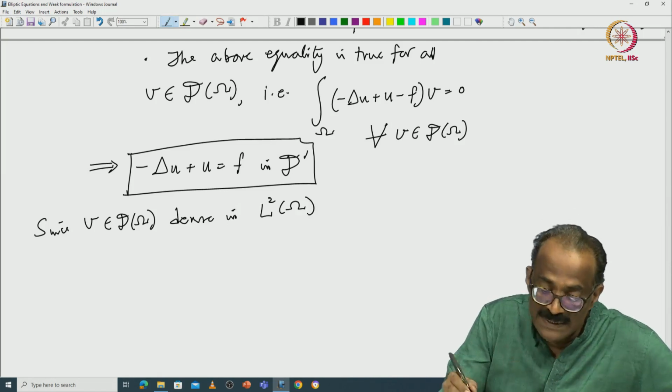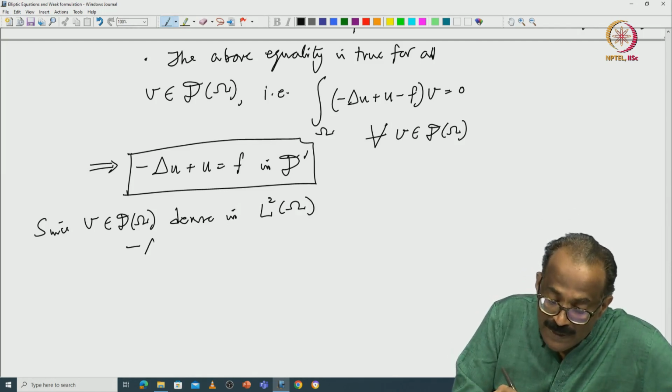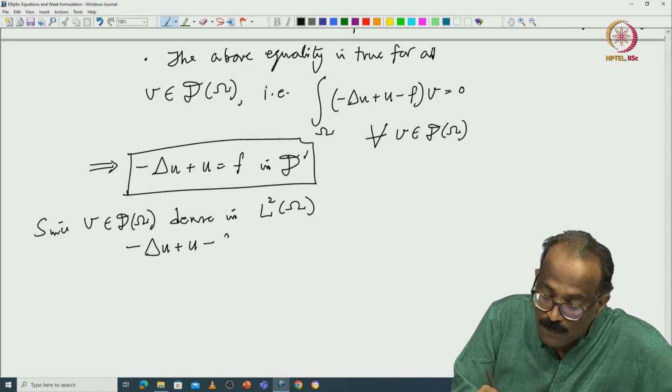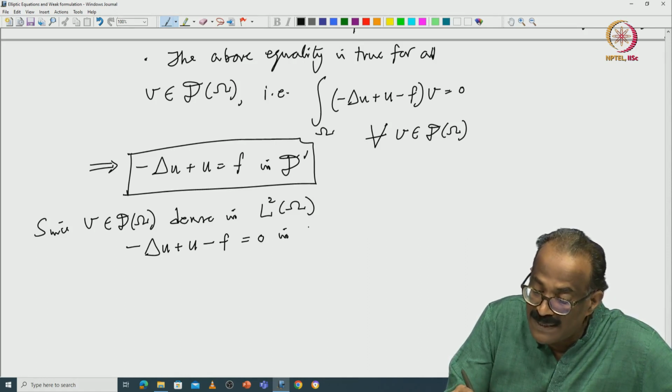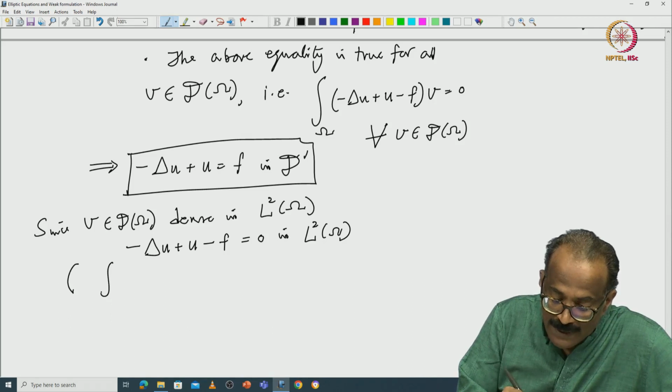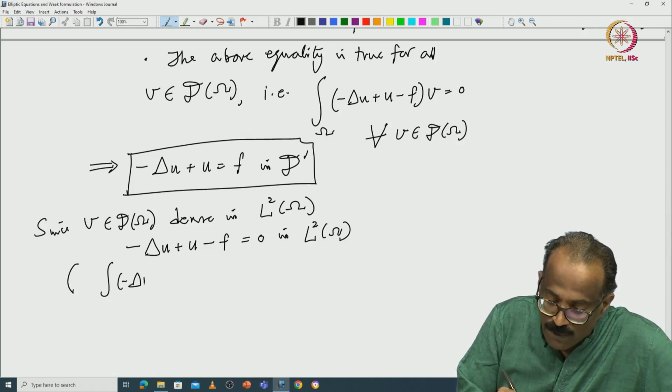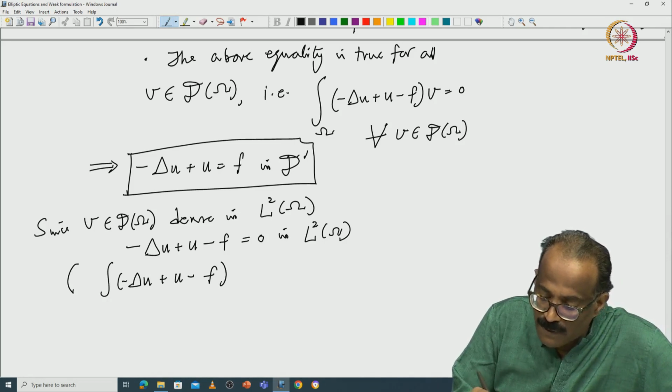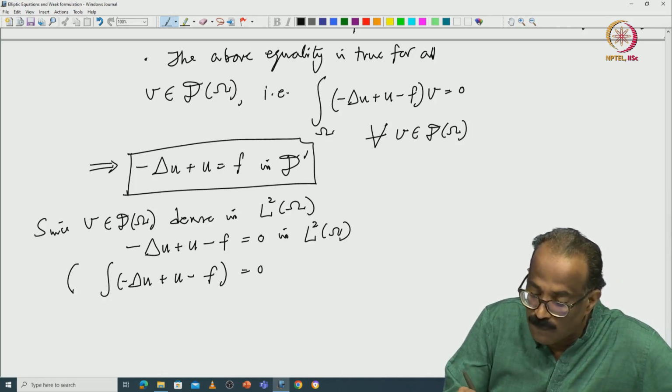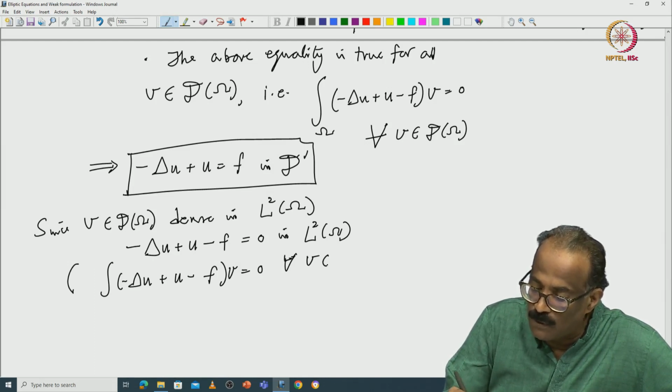Okay. Once this is L2 of omega, you get minus Laplacian of u plus u minus f equal to 0 in the sense of L2 of omega. The meaning of that is, you have minus Laplacian of u plus u minus f, tested against all v in L2 of omega, equal to 0.